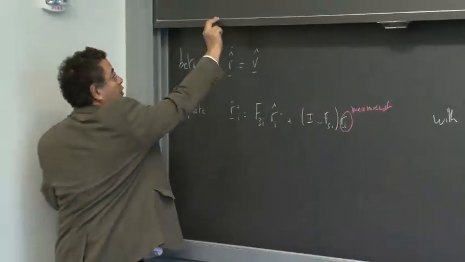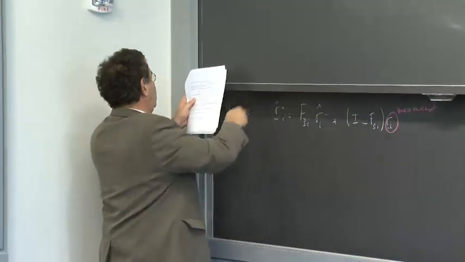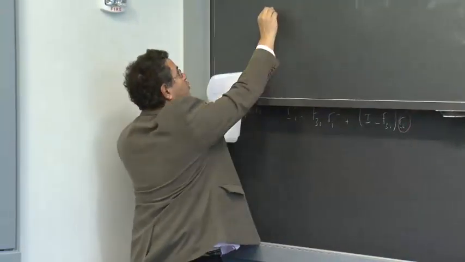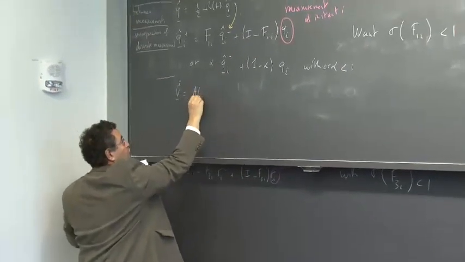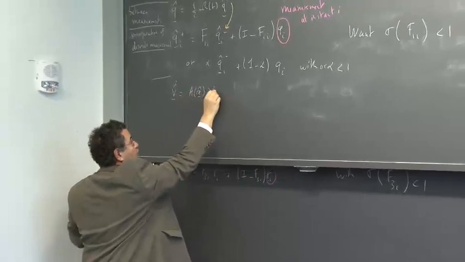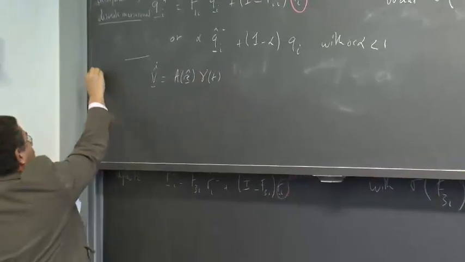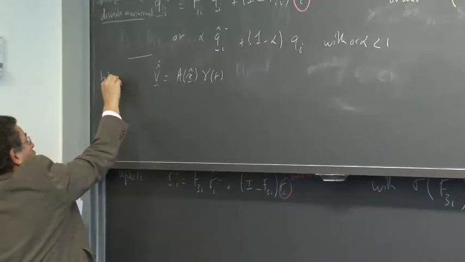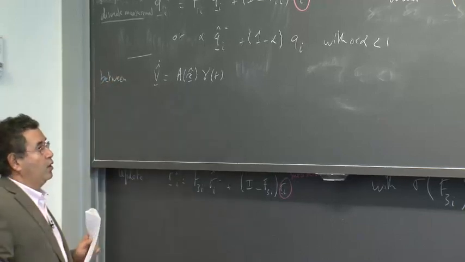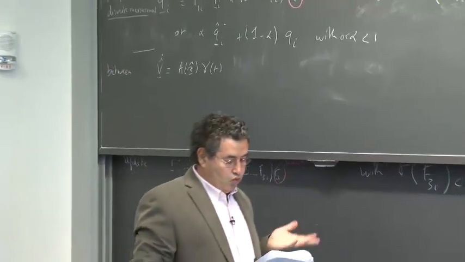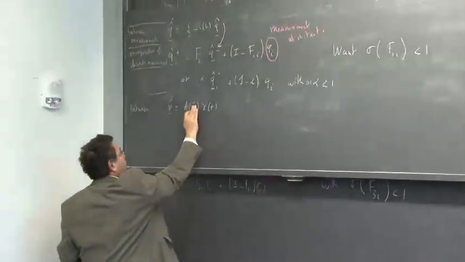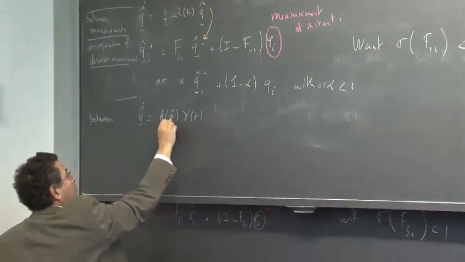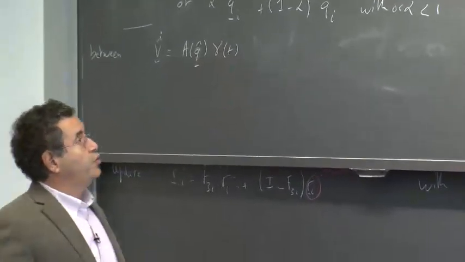Now, for the middle one, this would require a little calculation. But of course, for the between part, you just, again, simulate the system. Sorry, it's Q hat. You again simulate the system.